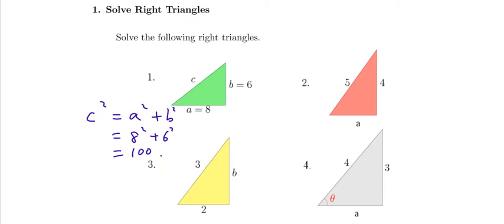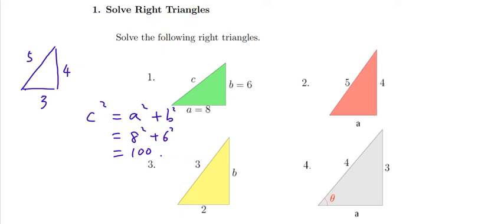We can also regard this as a typical right triangle, like 3, 4, 5. And if there's 6, 8, then that is 10, right?